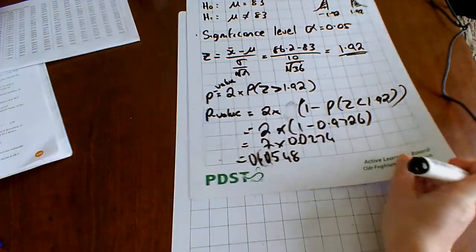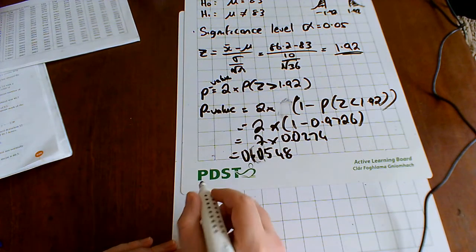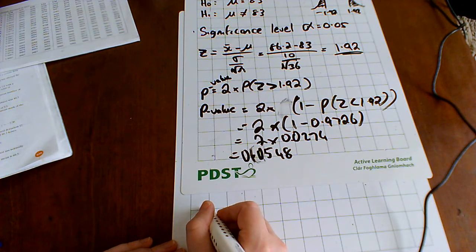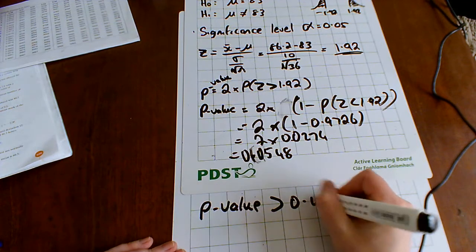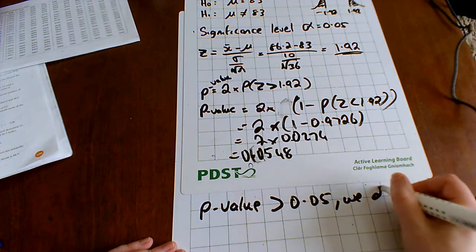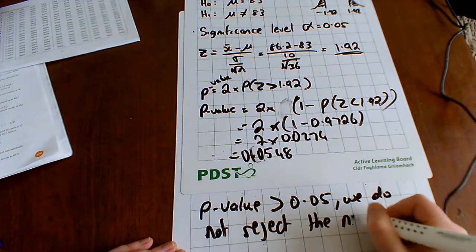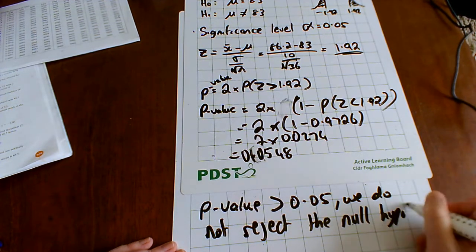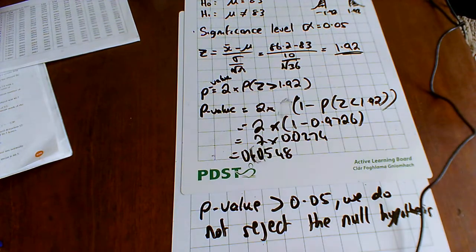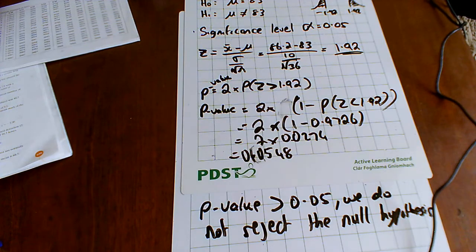So, last point: the p-value is greater than 0.05, we do not reject the null hypothesis. If it had been less than 0.05 or equal to it, we would have said we reject the null hypothesis and accept the alternative.